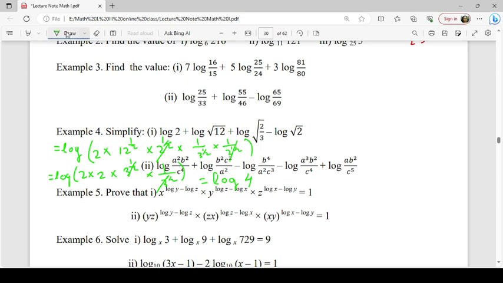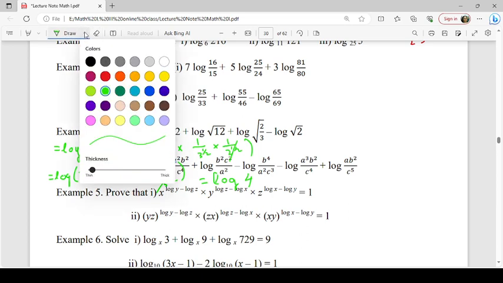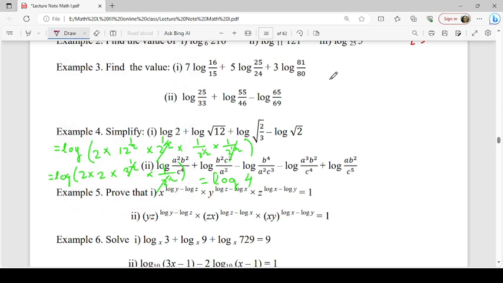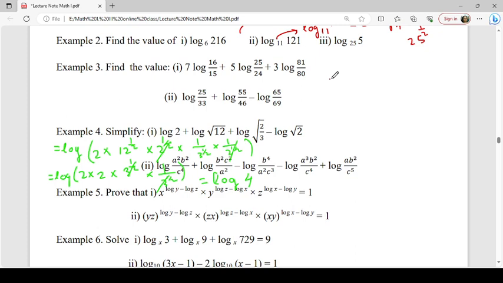Now then number 5 we see: x to the power log y minus log z, and so on.